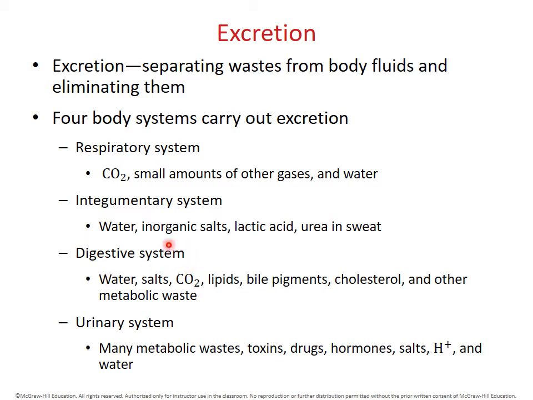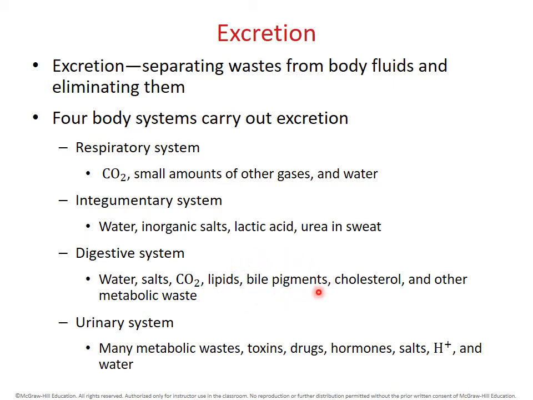I mentioned that the digestive system's main role is elimination, but I did mention that the digestive system does a little bit of excretion as well. So of course there's some water in the feces, salts, a little bit of carbon dioxide, some lipids in the feces as well. Bile pigments are excreted through the digestive system. That's what gives the feces their color, the breakdown of the pigments that are in bile.